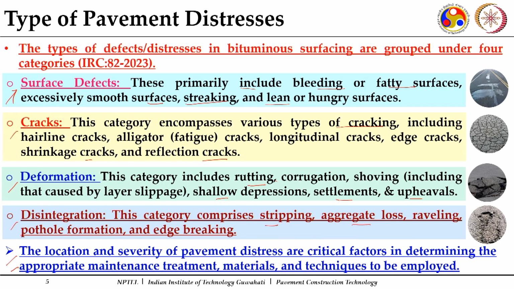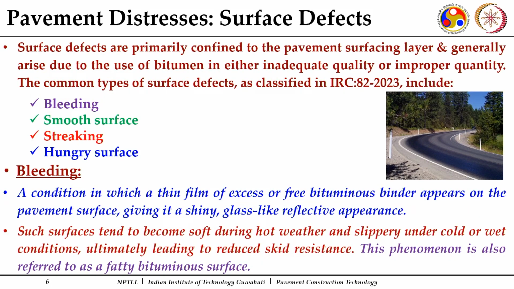So, that is why it is important to know what kind of distress has happened, where it has happened and up to what severity level. Here we will be discussing these parts in upcoming lectures. Later on we will discuss the causes of these distresses, and thereafter the different treatments which can be applied for these different distresses.